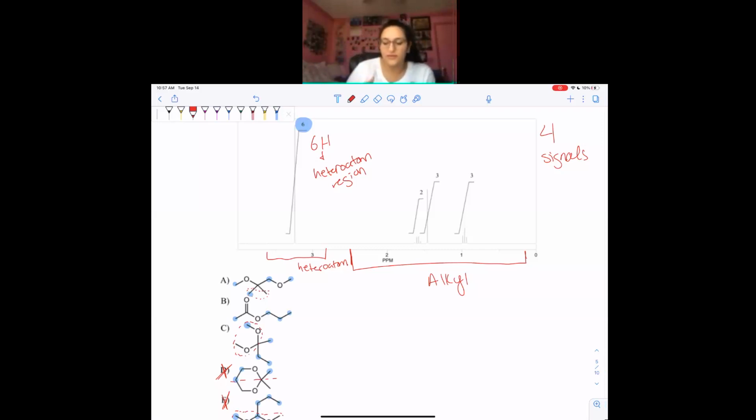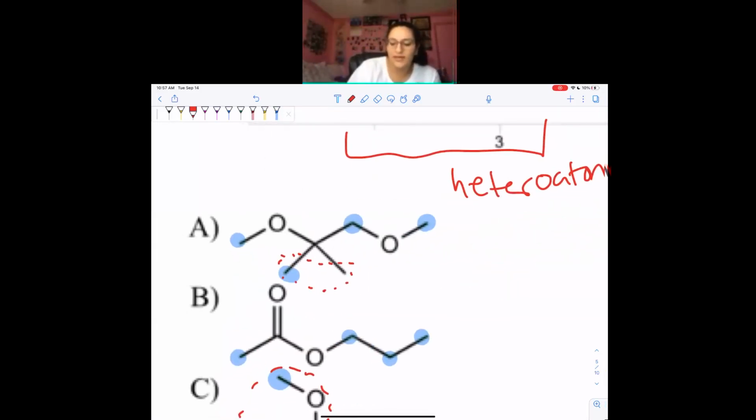Zoom back into this first one. Okay, so we do have a 6H signal, but we know that in order to be in the heteroatom region, it has to be either directly attached to a heteroatom or 1 carbon away. So this is incorrect. These are not in the heteroatom region.